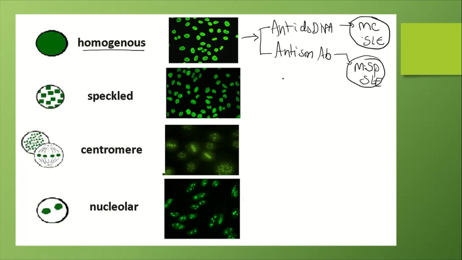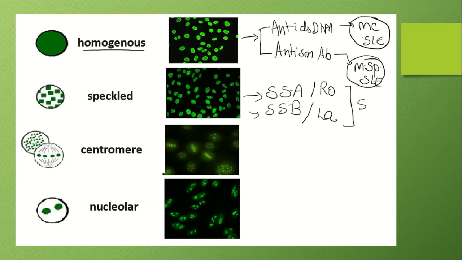Next you have the speckled type. This occurs because of SSA and SSB antibodies. SSA is also known as anti-Ro and SSB is also called anti-La. These anti-Ro and anti-La are associated with Sicca syndrome.